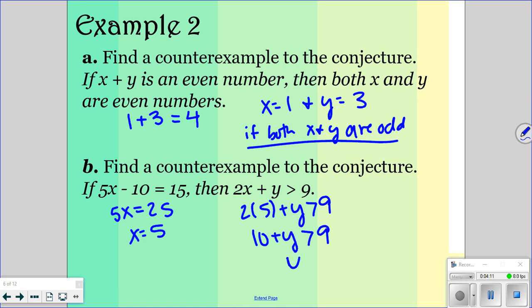If we subtract 10, that means that y has to be greater than -1. So a counterexample would be any number for y that is less than -1. If y = -2, this inequality does not work. So pick any number that is less than -1. Technically, -1 would also work because it has to be greater than 9, not greater than or equal to. So that's how you can find counterexamples.